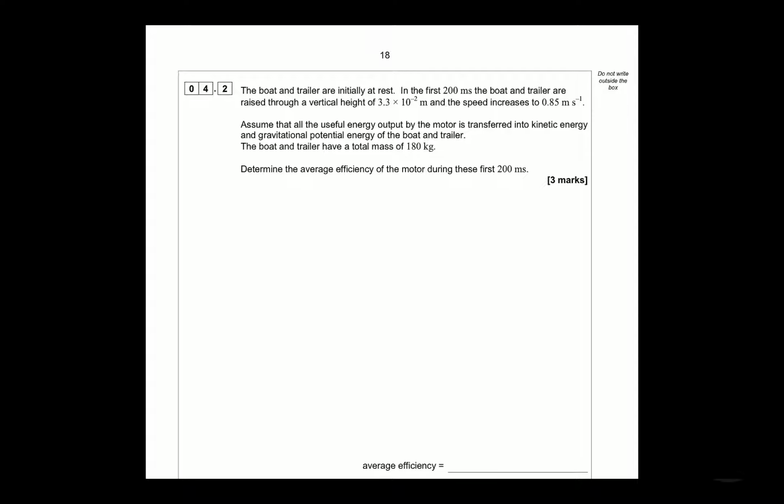Well, so energy of the boat is equal to the gravitational potential energy and the kinetic energy. So mgh plus 1/2 mv squared. Sorry about that. I couldn't get to the mute button in time.